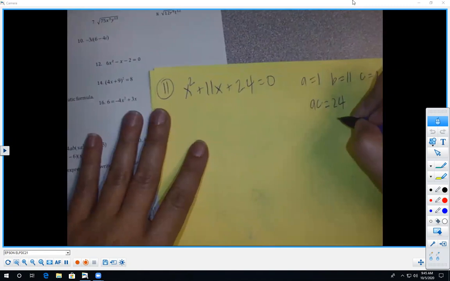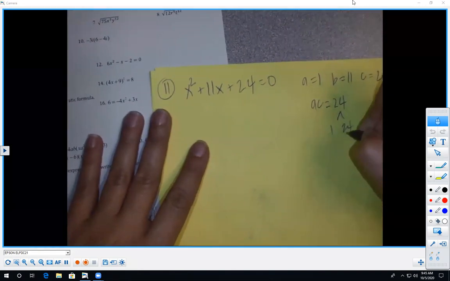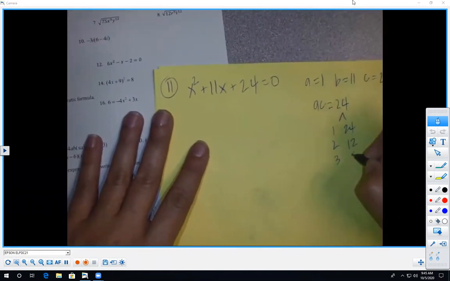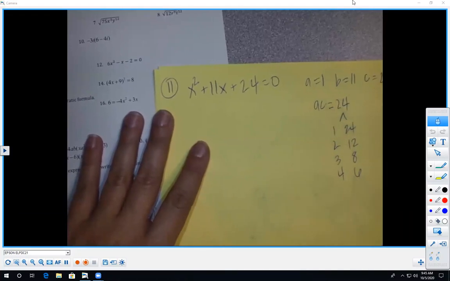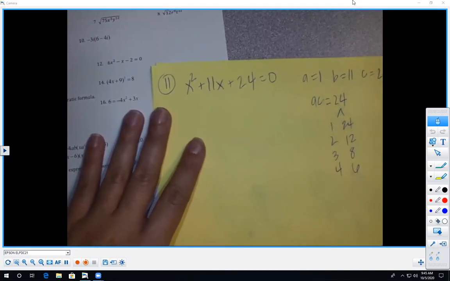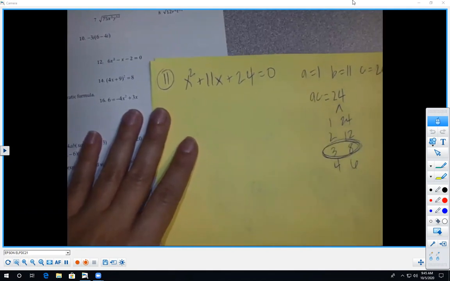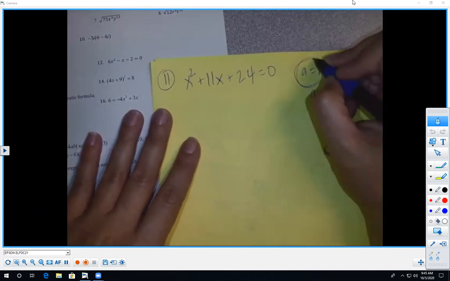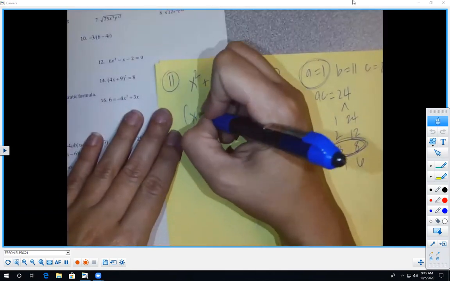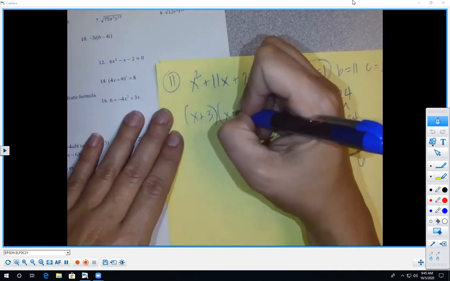Things that multiply to give me 24 is 1 and 24, 2 and 12, 3 and 8, 4 and 6. Which one's going to give you 11? The 8 and 3. This is a shortcut problem because A is 1. So my factors are x plus 3 times x plus 8.